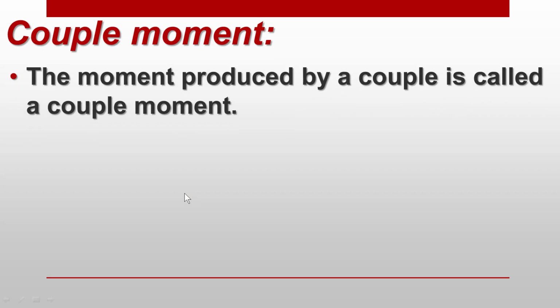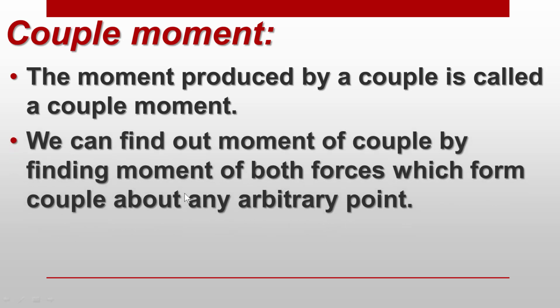So what is the moment of a couple? The moment produced by a couple is called the couple moment. I have already explained that whenever there is the word moment, there is some turning effect, some tendency of rotation. Or we can find the moment of a couple by finding the moment of both forces which form the couple about any arbitrary point.